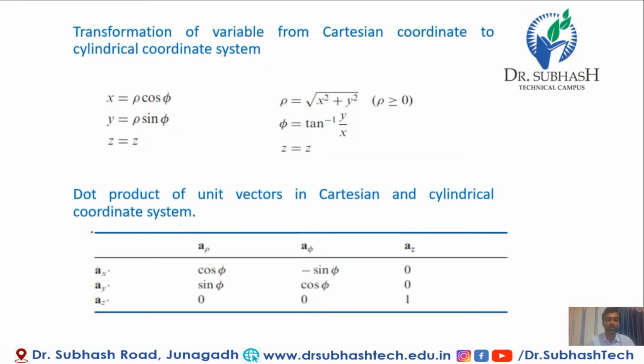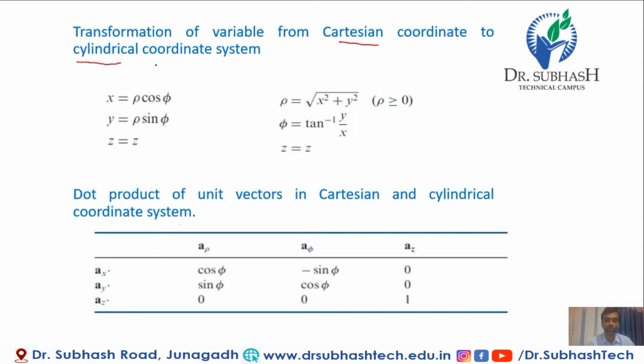Before we start the example, here we see the basic formula which will be useful for the transformation from one coordinate system to the other coordinate system. Here we transform the Cartesian coordinate system into the cylindrical coordinate system.